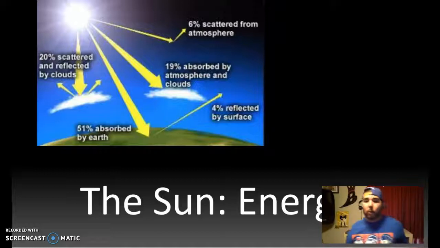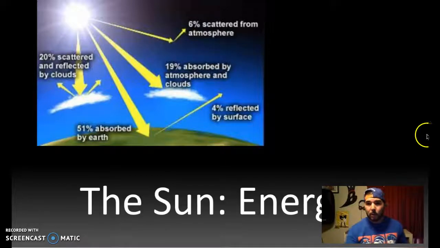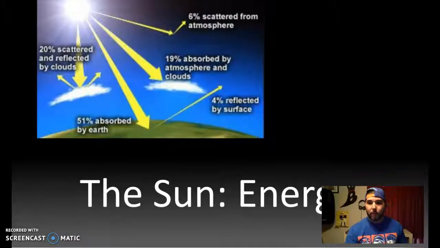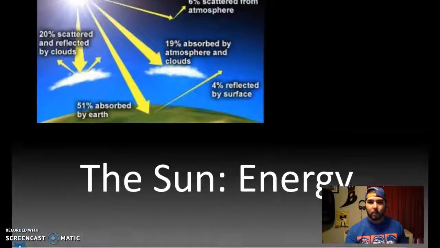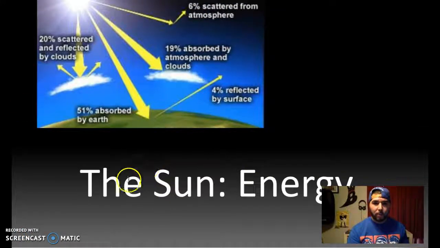So that radiates out into space, and it can come by way of solar waves, CMEs, all different types of ways that get out into the solar system and can affect how things are out in the solar system. And here, 51% of the sun's energy is absorbed by the Earth.